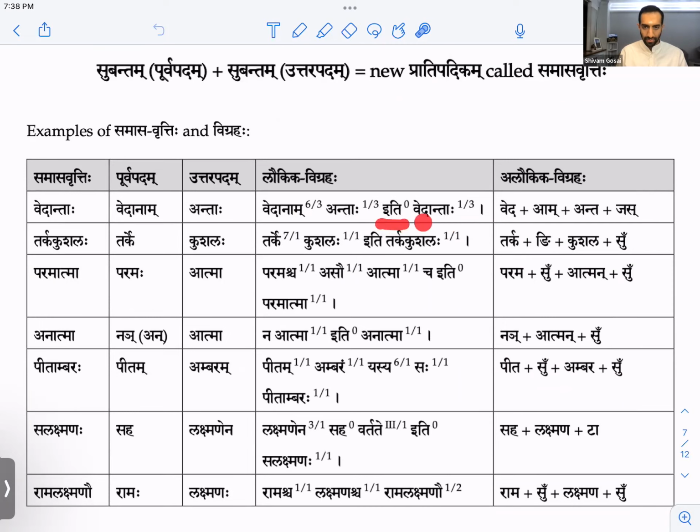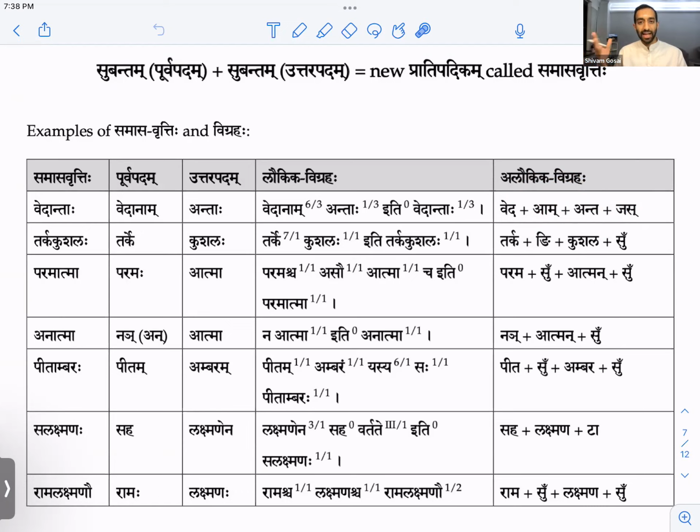So you have this subanta and you have another subanta. When you make this compound, the pratyayas both go away, so it just becomes Vedanta. That's the new pratipadika. That's what we call a Samasa vritti.